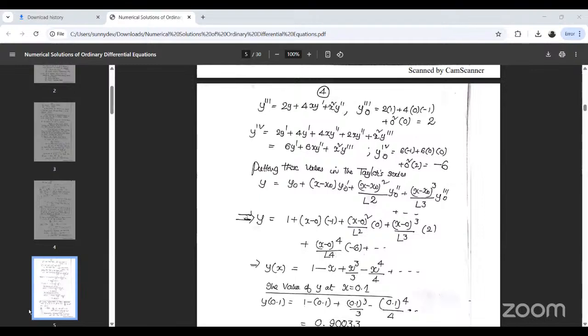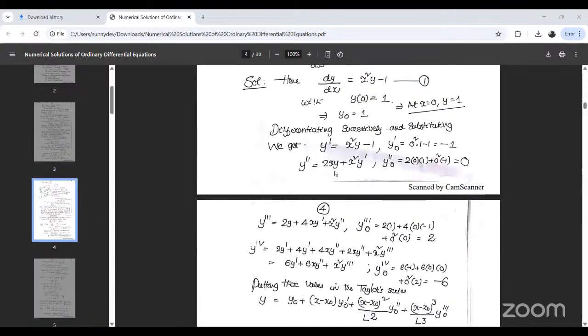Next, y triple dash. What is the y triple dash? Again, we need to do differentiation of this: 2xy plus x square y dash.